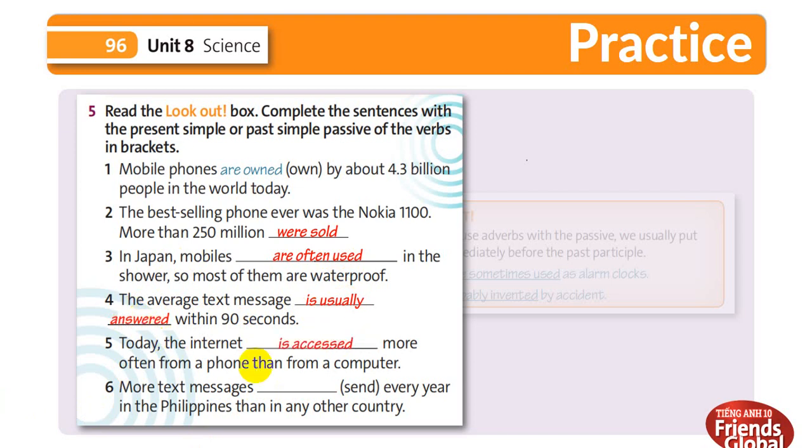Today the internet is accessed more often from the phone than from a computer. 6. More text messages are sent every year in the present simple, so you can say sent every year in the Philippines than any other country.